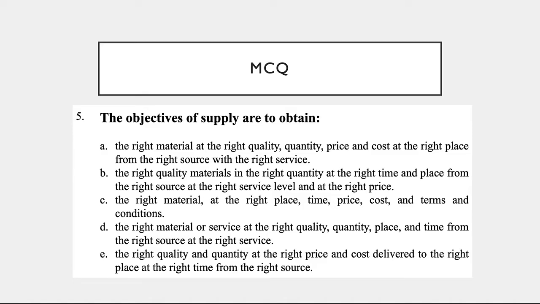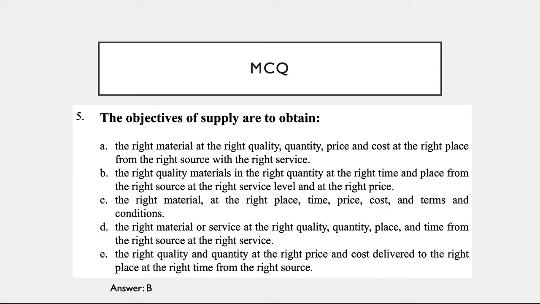C, the right material at the right place, time, price, cost, and terms and conditions. D, the right material or service at the right quality, quantity, place, time, and from the right source and the right service. E, the right quality and quantity at the right price and cost delivered to the right place and at the right time from the right source.